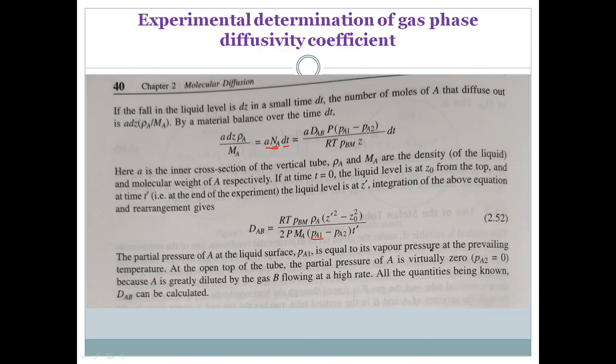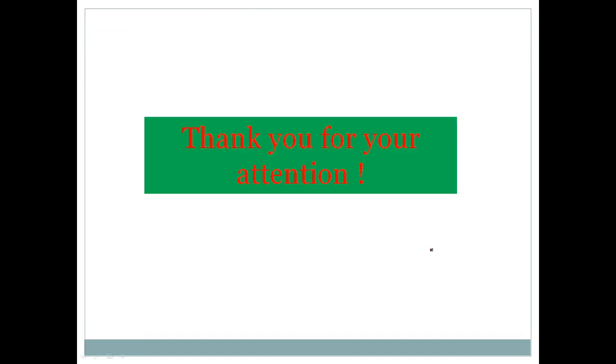So in this topic we talk about the diffusivity coefficients, because that is one important parameter in calculation of flux, and that will be used for designing the separation equipment. So accurate determination of the diffusivity coefficient is very important.